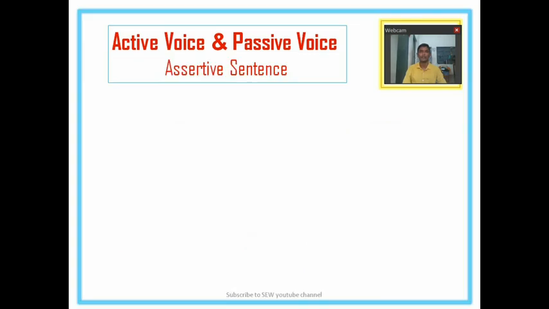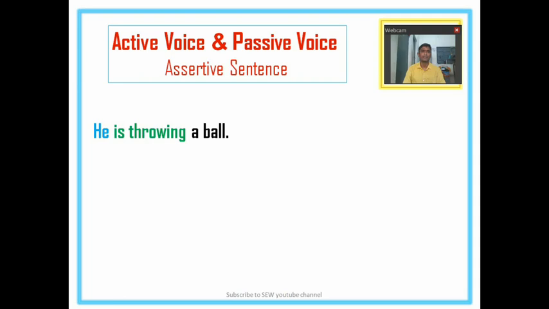Yeah. So now let me start active passive voice with assertive sentences. Let me give one example: He is throwing a ball. What is the subject here? He.